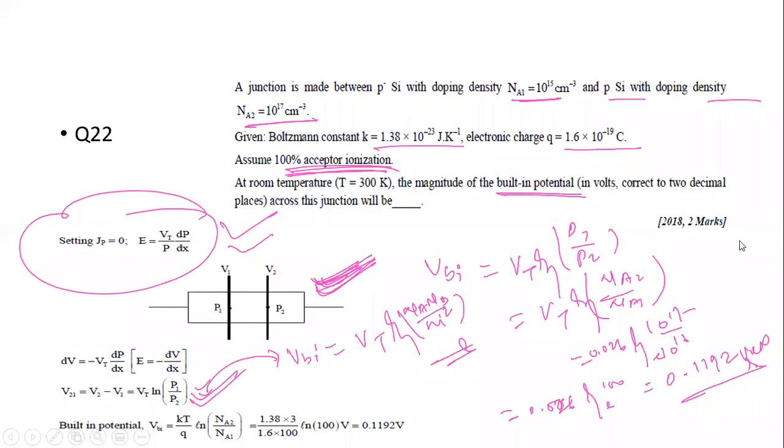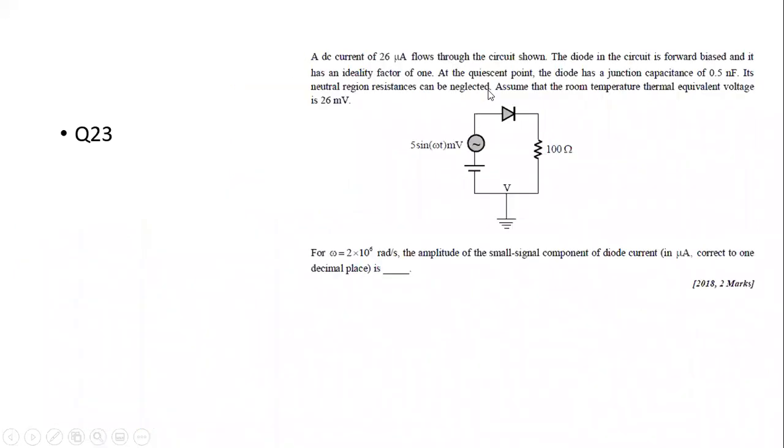Now come to the next question. A DC current of 26 microampere flows through the circuit shown. The diode in this circuit is forward biased and has an ideality factor of 1, that is, eta equal to 1.